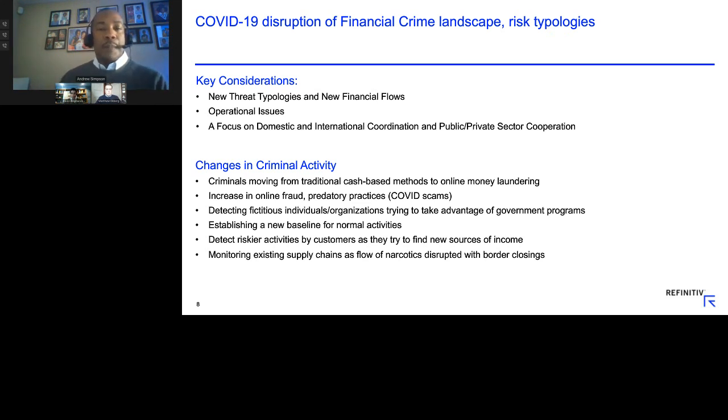But in terms of the AML programs, one of the bigger challenges that we have seen with some of our customers is that the behavior of their customers has changed. So if you think about, I'm a bank, I operate primarily with tons of restaurants as customers in New York. You've been banking them for years, and there's a specific way in which these companies operate, and then all of a sudden the behavior completely changed.